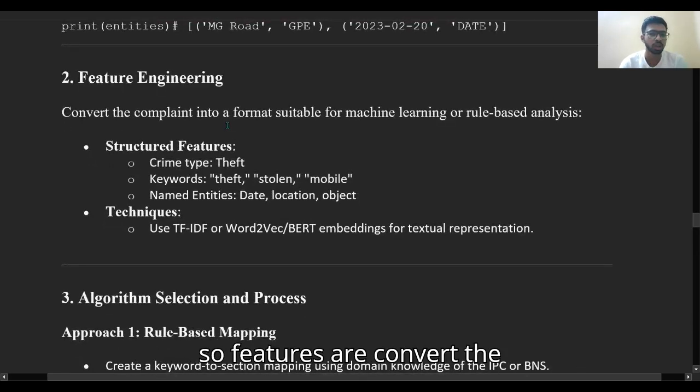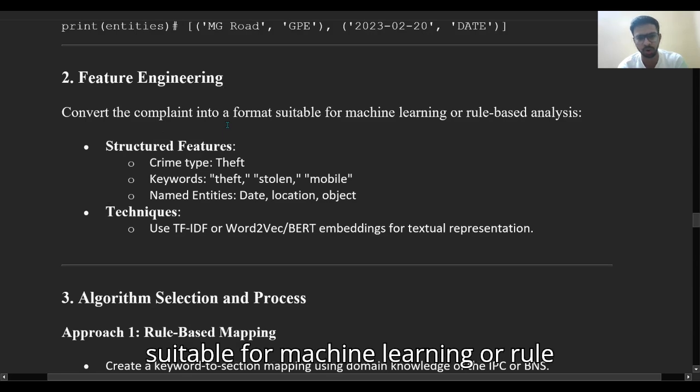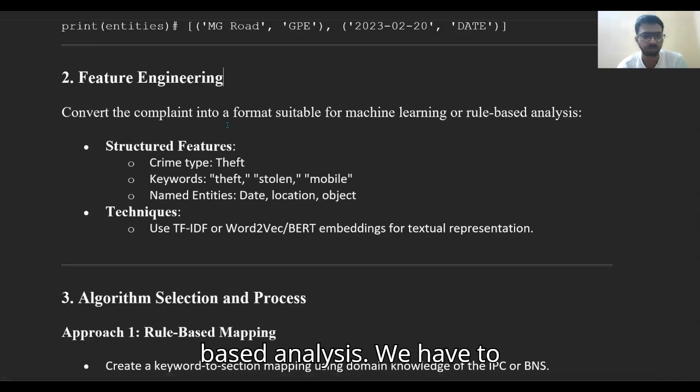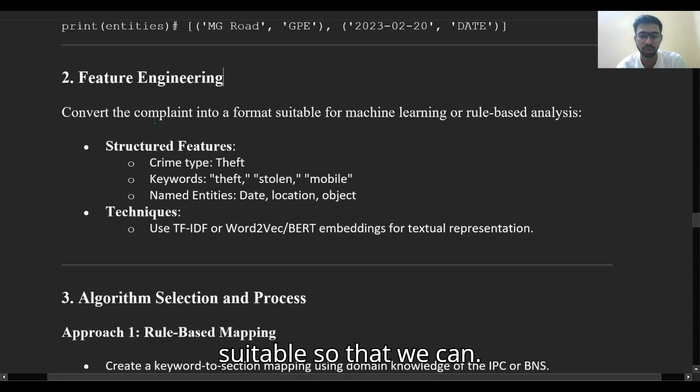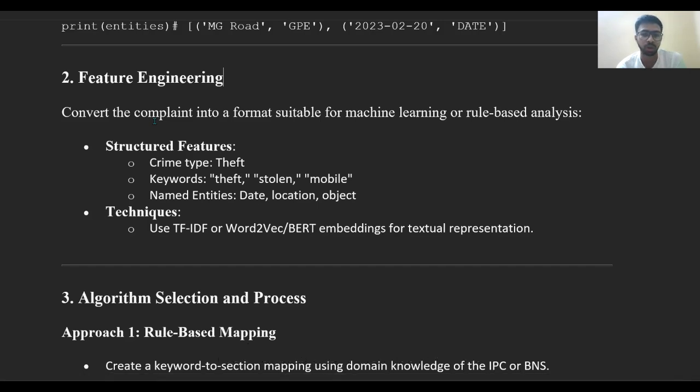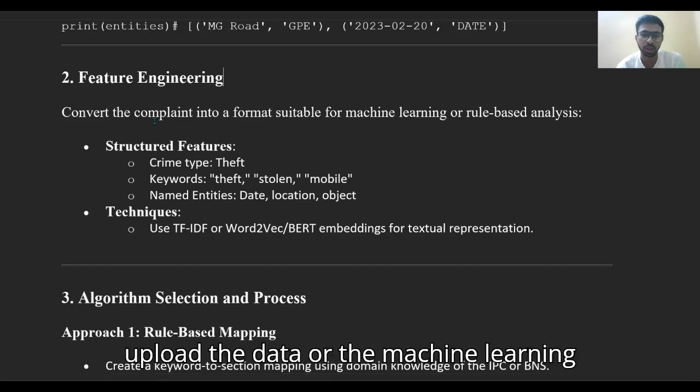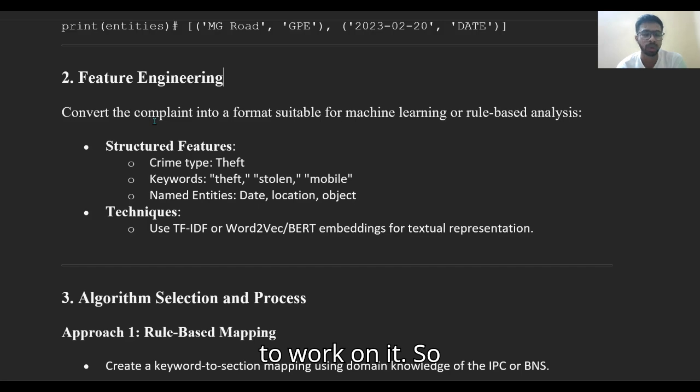Feature engineering: convert the complaint into a format suitable for machine learning or rule-based analysis. We have to convert the complaint into a suitable format so that we can upload the data for the machine learning to work on it.